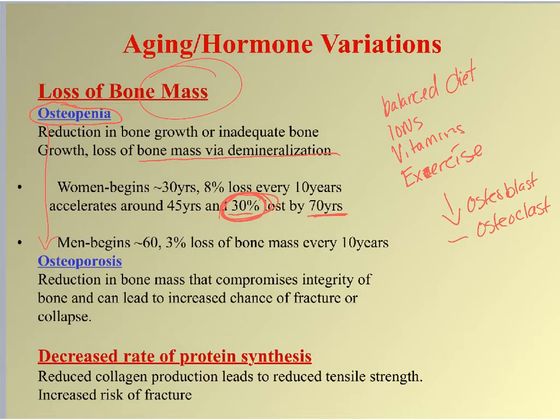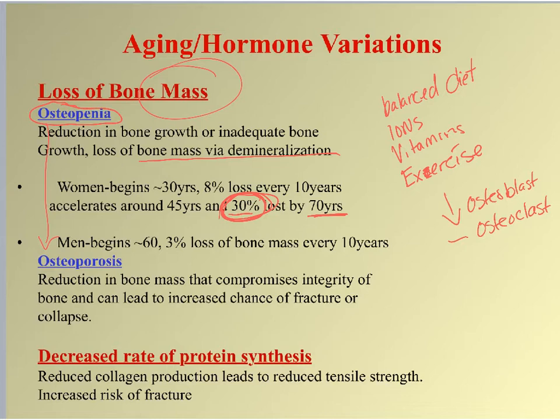So we're breaking down bone at the same rate we were, but we're not building it back as fast. And so a little bit of weight-bearing exercise will let these osteoblasts know, hey, you guys can't slow down. We still need you. And it will reduce the rate at which they slow down their production of osteoid.